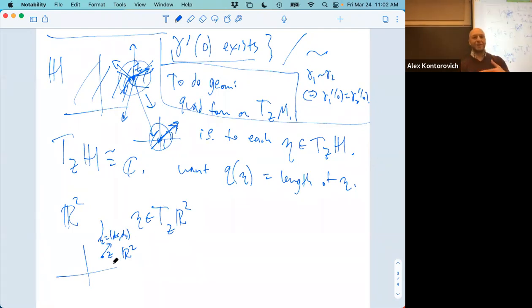So its x component is dx, its y component is dy. How am I going to measure distance in the unit tangent bundle? dx squared plus dy squared. So this is the Euclidean quadratic form, just the standard sum of two squares.